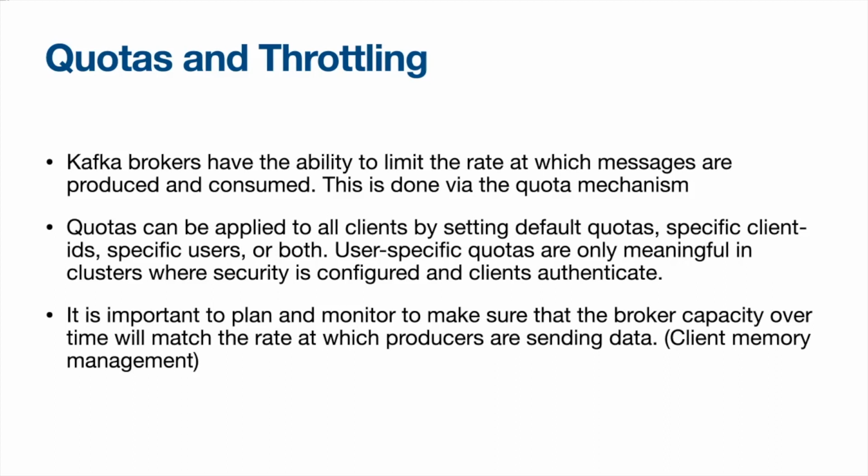This hogging of your network and CPU resources can be stopped if quotas are enabled. So it is important to know about quotas and throttling. Quotas can be applied to all clients by setting default quotas, or you can set quotas for specific client IDs or specific users, or even both.